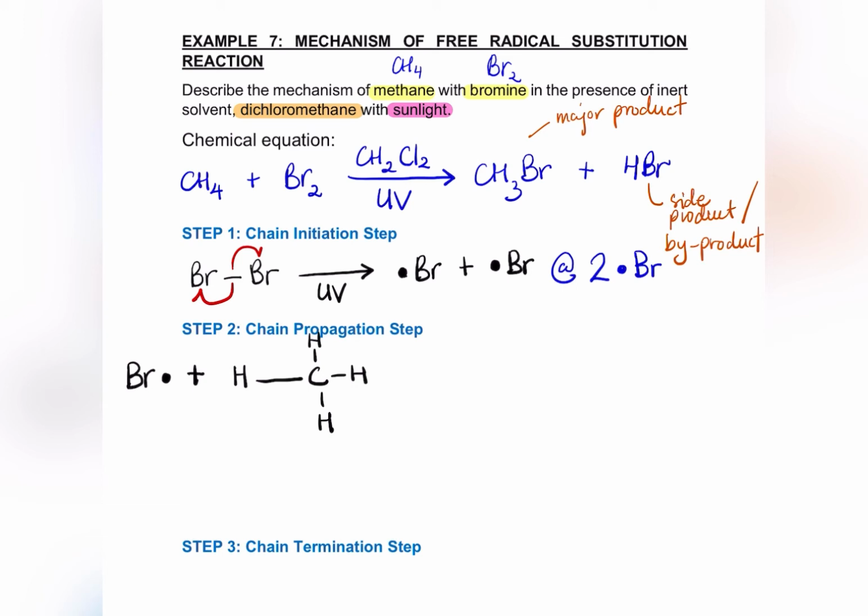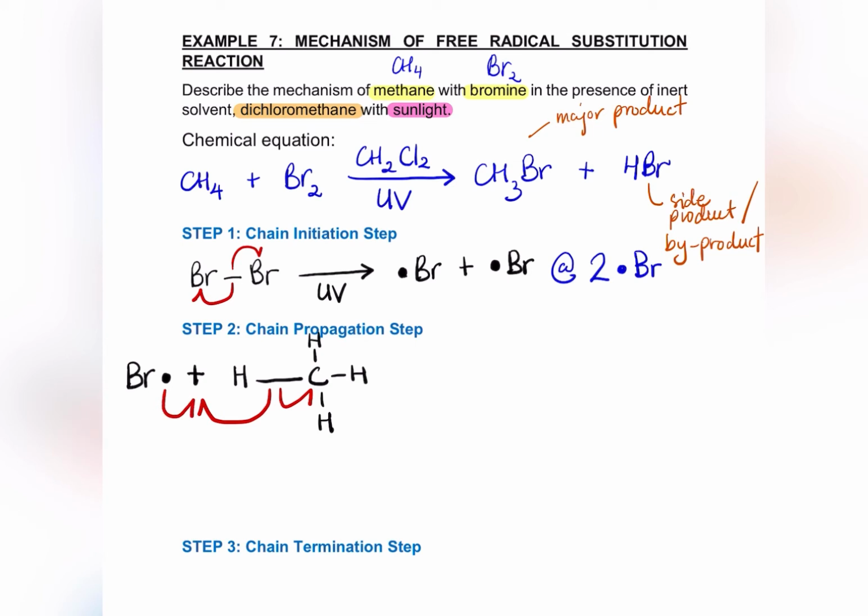I'm going to show the mechanism by using 3 half-headed arrows. The first one shows the bond cleavage between these atoms. So one of them will go to carbon and the second one will go to the middle, and another one from the radical goes to the middle.